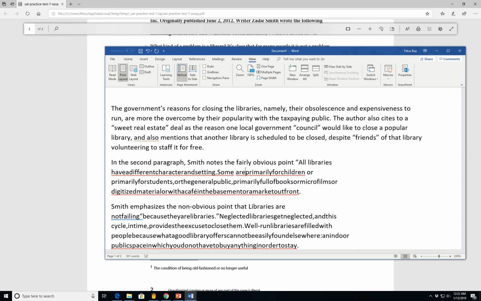Some are primarily for children. Certainly you have university libraries, you have libraries that are aimed at children or students or for the general public, which is normally, I think, what most people think of when they think of a library, one that's for the general public, primarily full of books or microfilms.